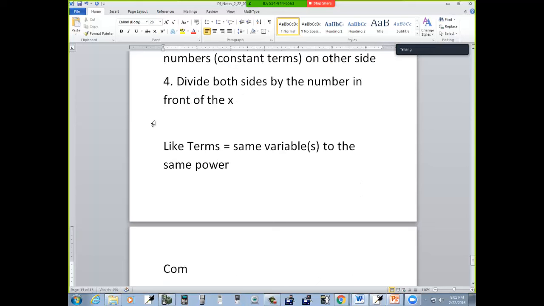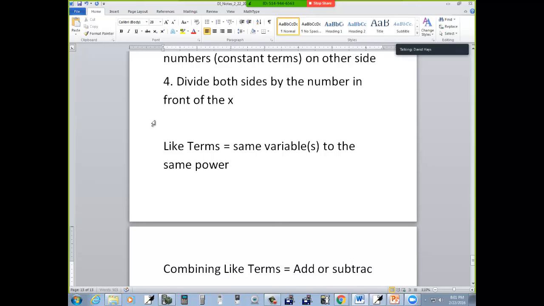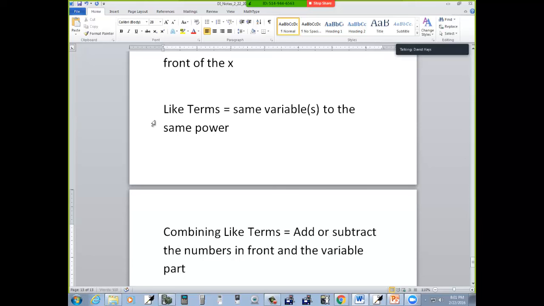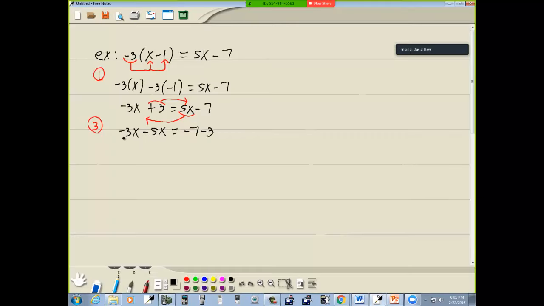Now, combining like terms, you add or subtract the numbers in front, and the variable part remains the same. What I mean by that is here we have a negative 3 and negative 5, which gives us a negative 8, and then the variable part remains the same.